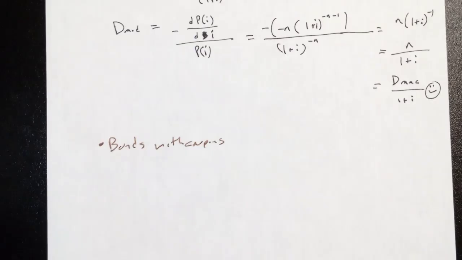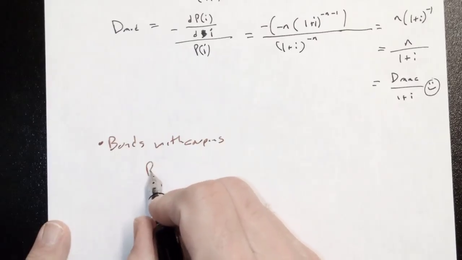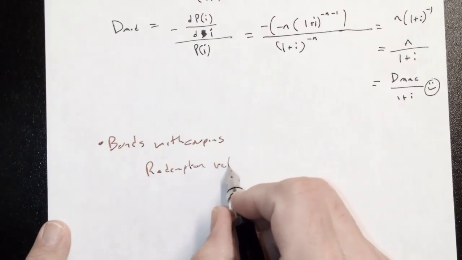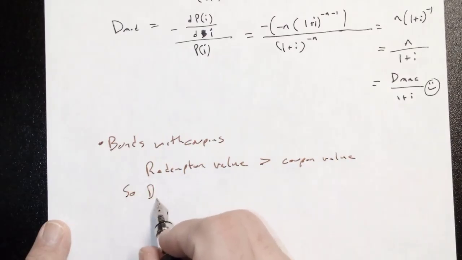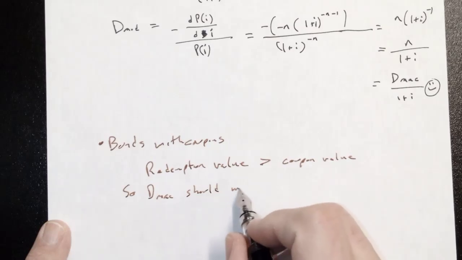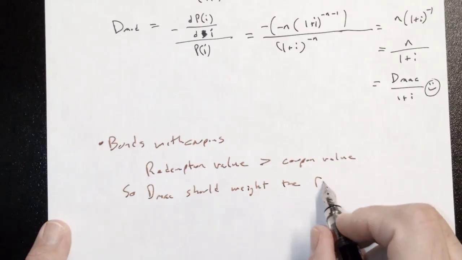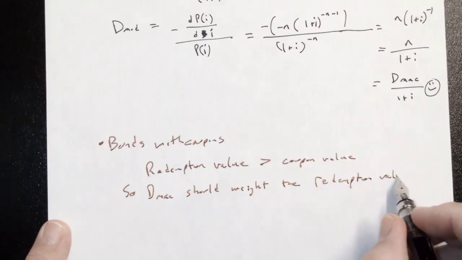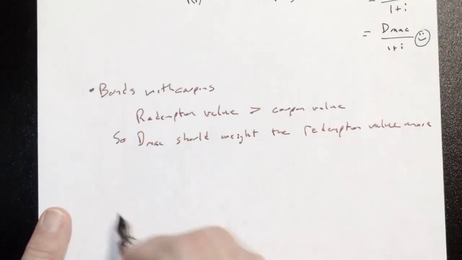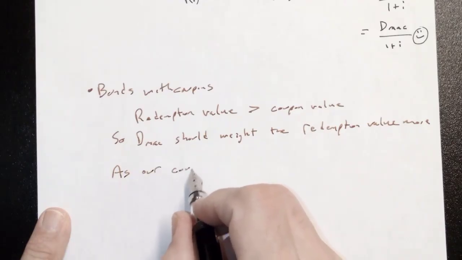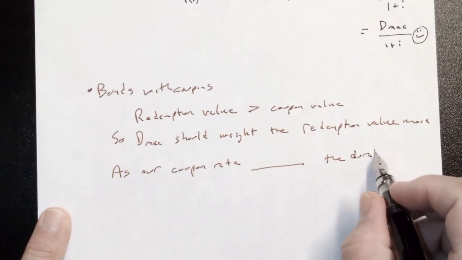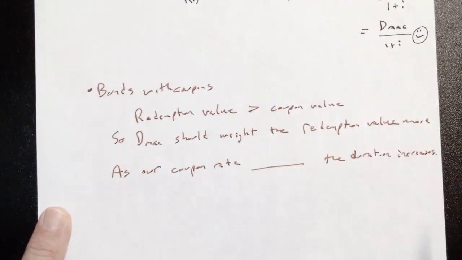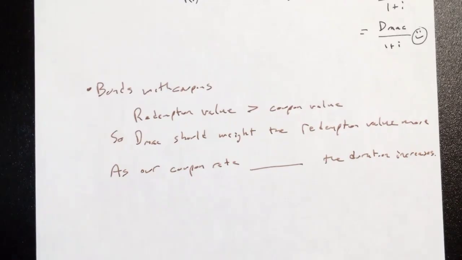Where should my relationship be between the coupon rate and the duration? I need to fill in that blank.